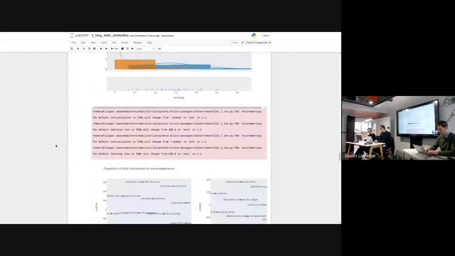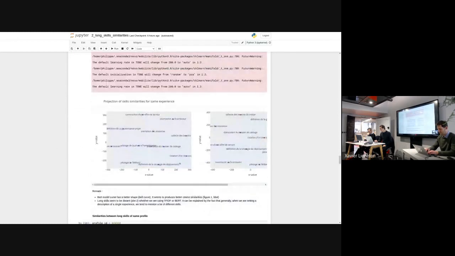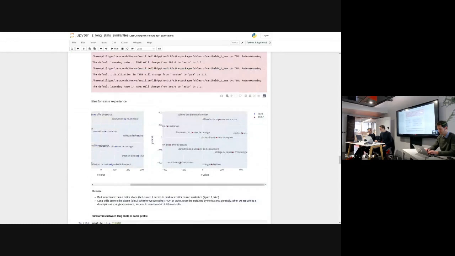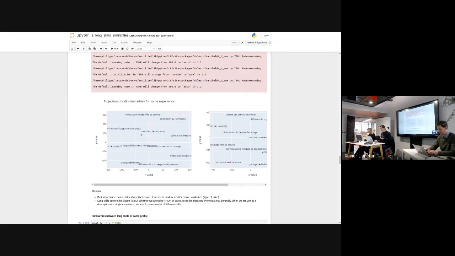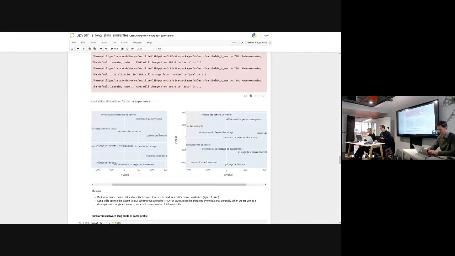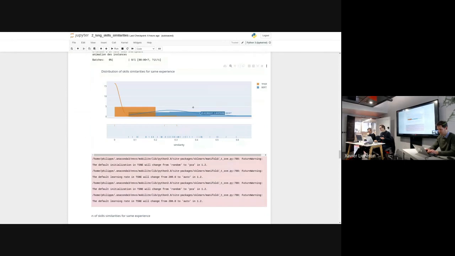So maybe I can show you a map here. I think these were some skill similarities using TF-IDF or BERT. I think to the right is TF-IDF and to the left is BERT. We can't see much on this graph, sorry for that.